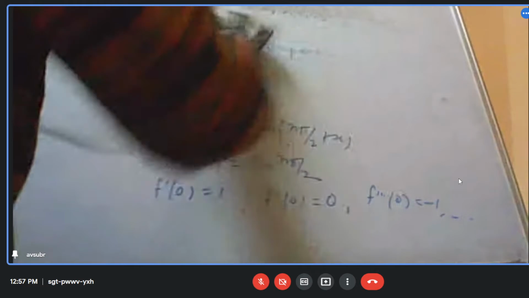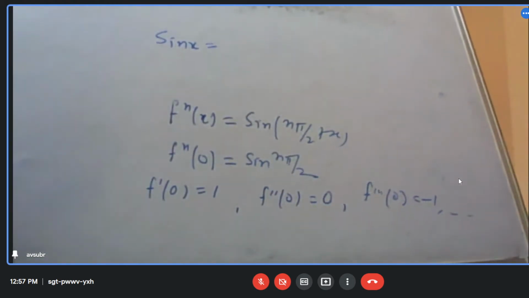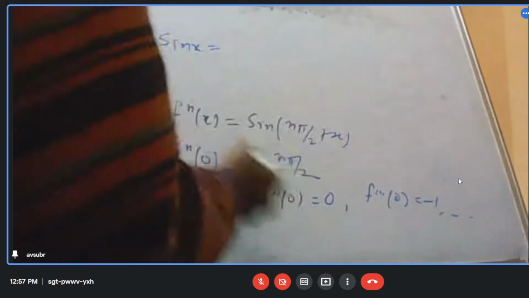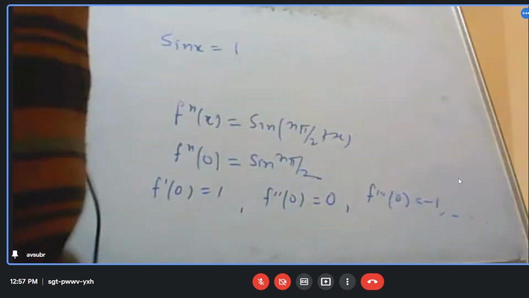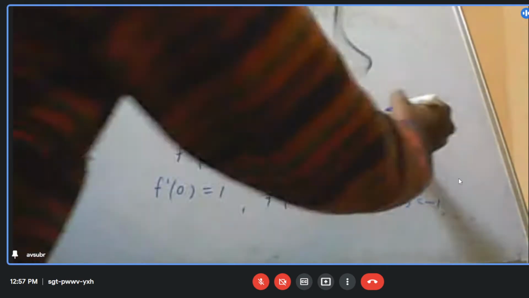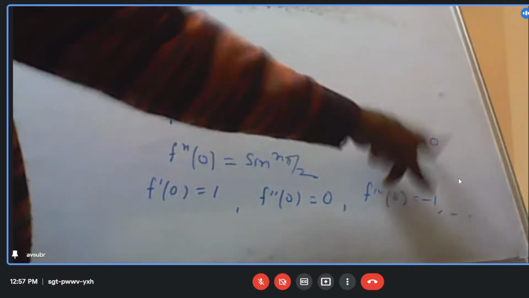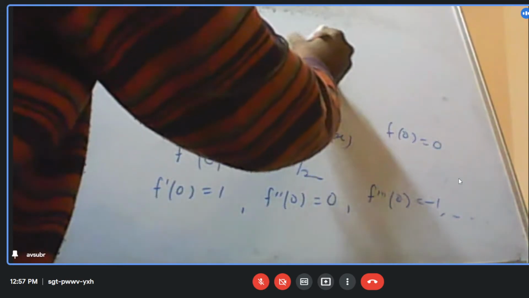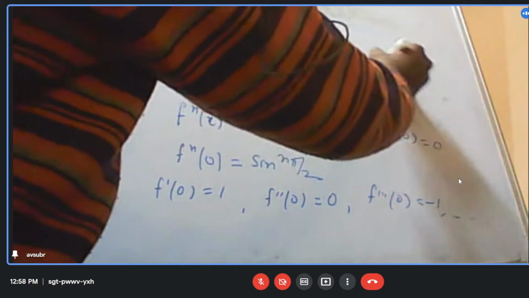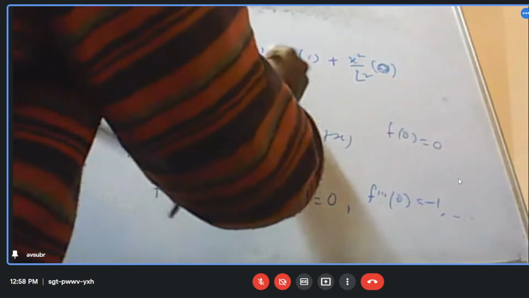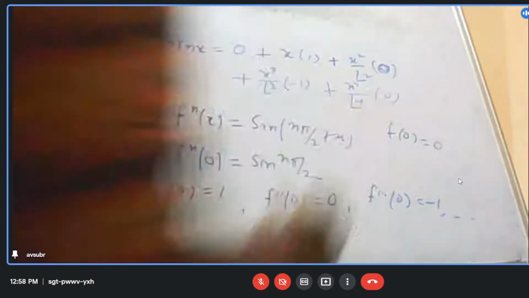So my series expansion of sine will become: the function itself at x equal to 0 is 0, sine 0 is 0. So 0 plus x into 1, plus x square by factorial 2 into 0, plus x cube by factorial 3 into minus 1, plus x to the power 4 by factorial 4, which once again comes out to be 0.